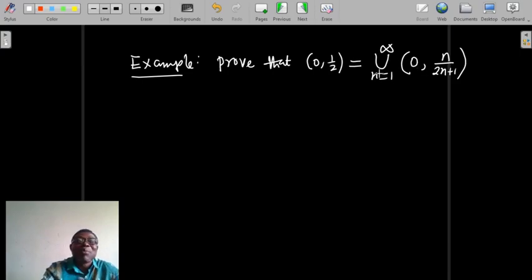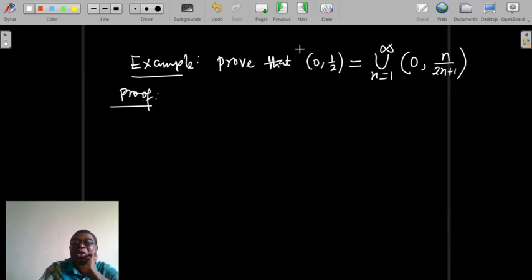To do this problem, let me put the proof here. To tackle this problem, remember that to show equality of two sets, you take an element in the first set, in which you can start from anywhere. Take an element in any of the sets and show that it belongs to the other one. That will mean that the one you've taken an element from is a subset of the other one.